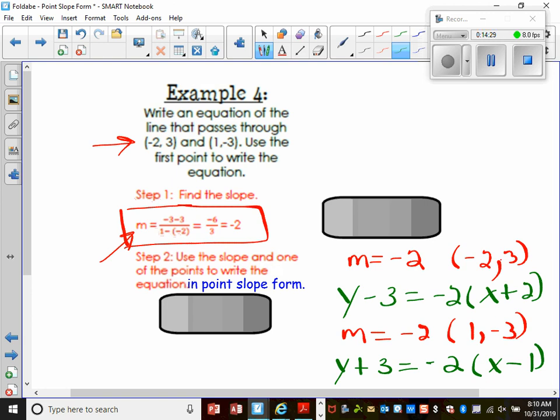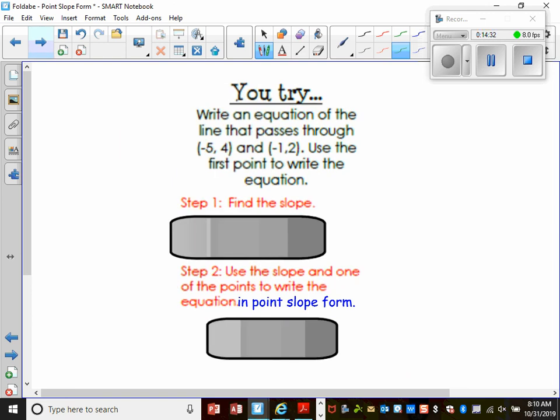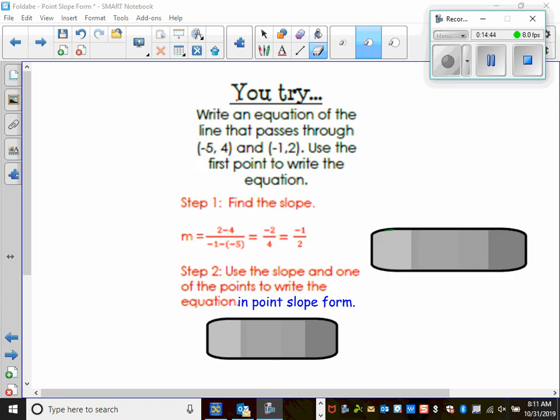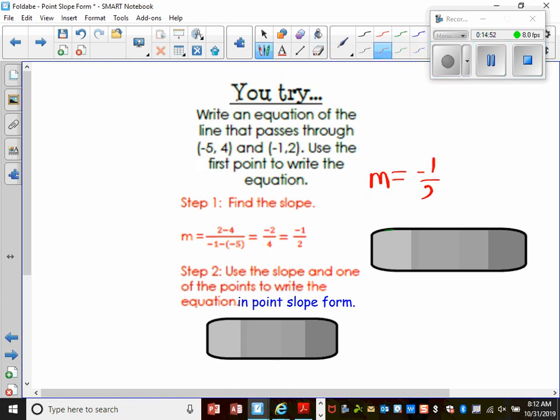All right, so you're going to try this one, and then we'll be done. Go ahead, do your slope number, make sure your slope is right, and then give me the 2 equations in point slope form. All right, so -1/2 is our slope, and then you would just simply take your -1/2 and use the point -5, 4, and use the point -1, 2.